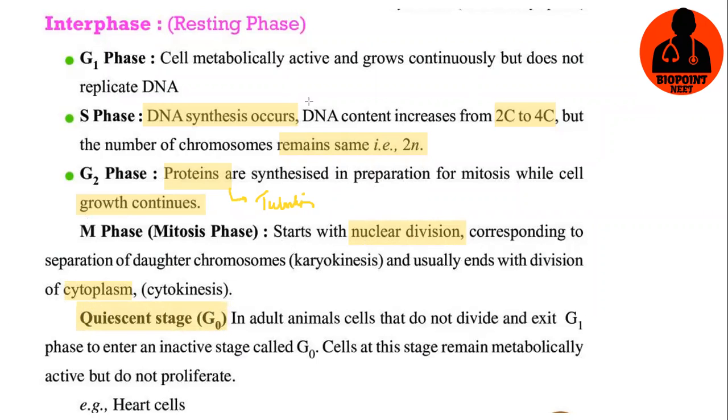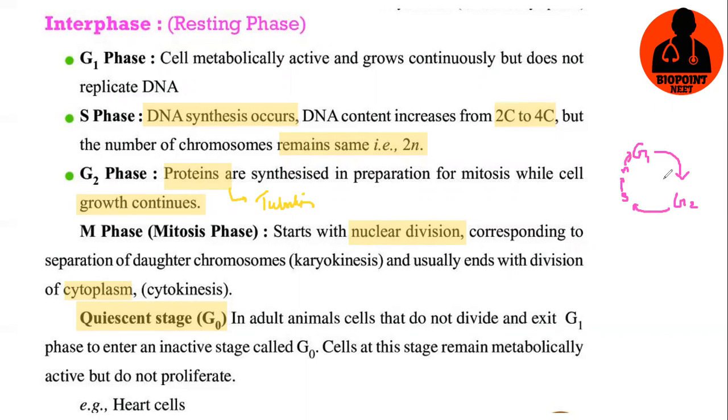As I have taught in the previous detailed lecture, the correct order of this cycle is G1 phase to S phase to G2 phase to mitotic phase to G1 phase.